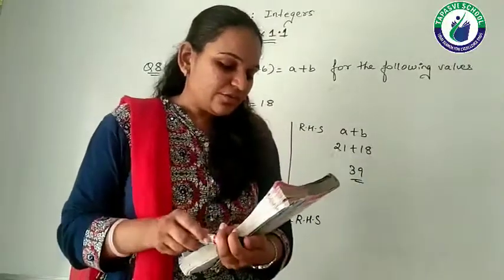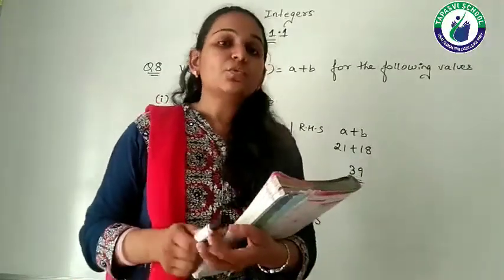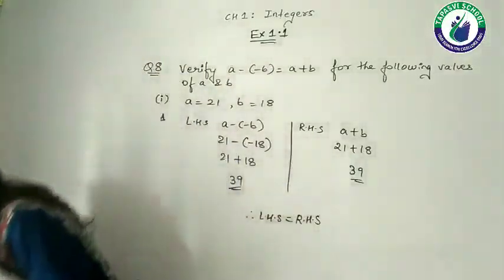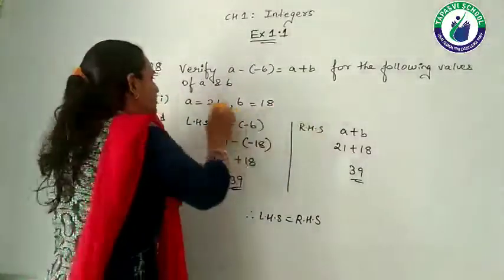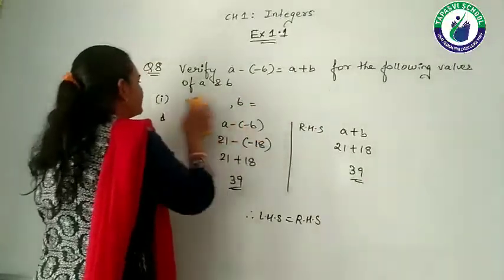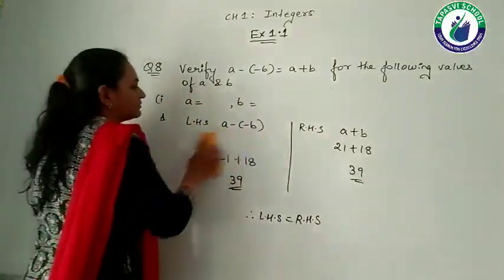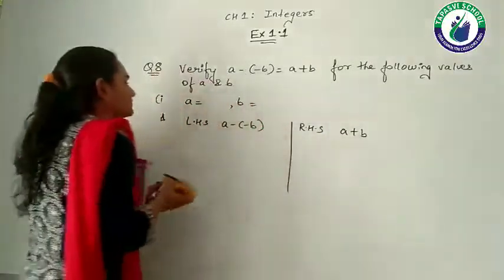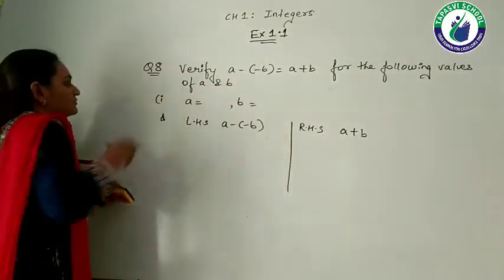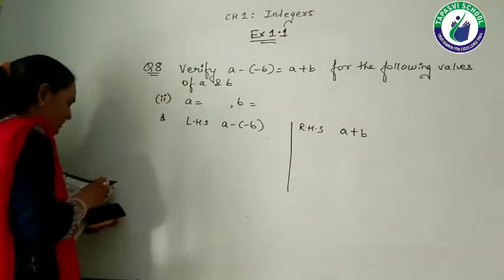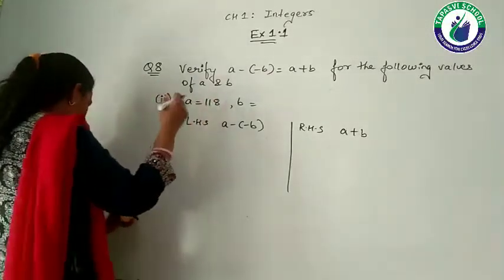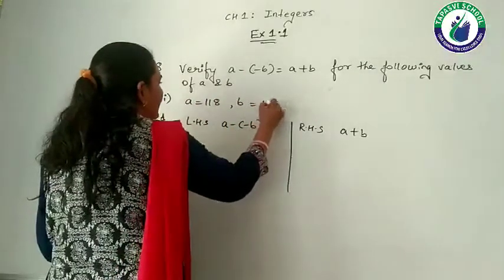A is equal to 118 and B is equal to 125.